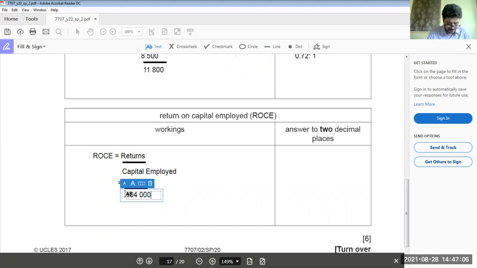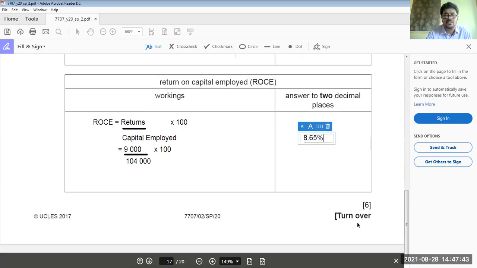So 9,000 divided by 104,000. What I forgot to write over here is multiply by 100. So if you multiply by 100, the answer would be 8.65%. Done?